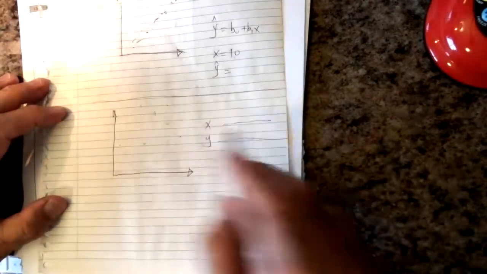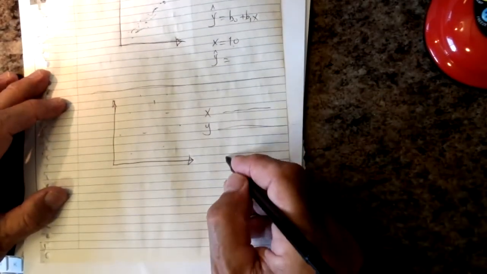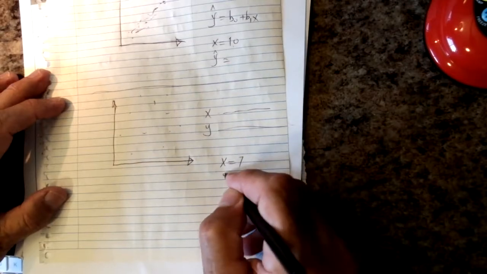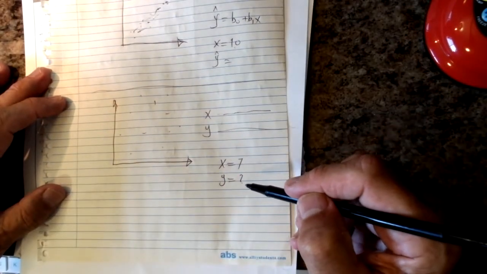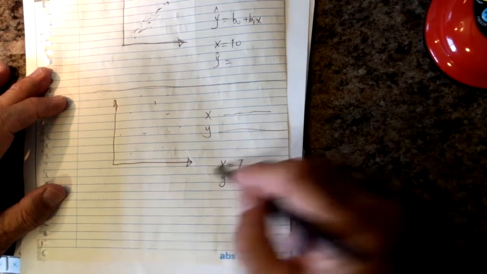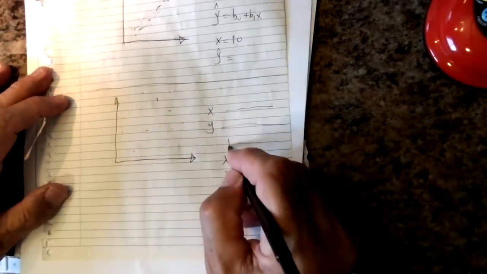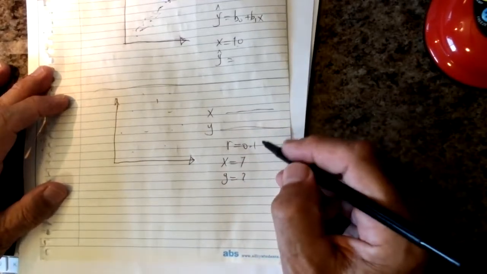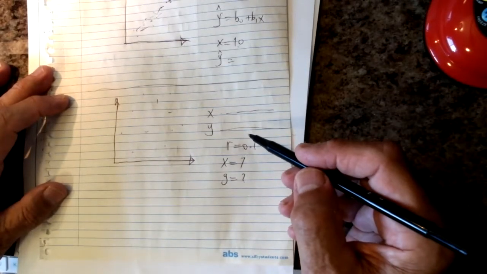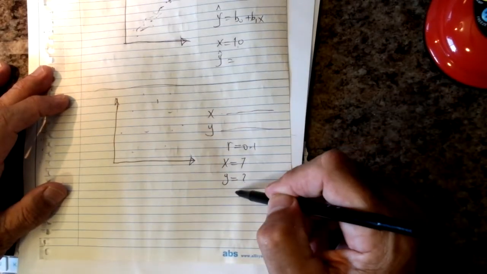That's how you came up with these points. If we come up with a number, let's say x equals 7, what's the value of y? If you're not allowed to use the regression equation because you don't have a good correlation, because like r equals 0.1, if you don't have a good correlation and you don't have the equation, then how would I find the y value?